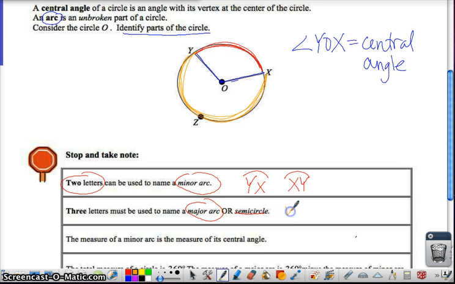So in this case, we have major arc YZX, or you could say XZY, or we could say YXZ, etc. Just like up here on the row above, we could have said arc XZ, we could have said arc YZ, and these were also other possibilities for minor arcs because they're clearly less than half a circle.